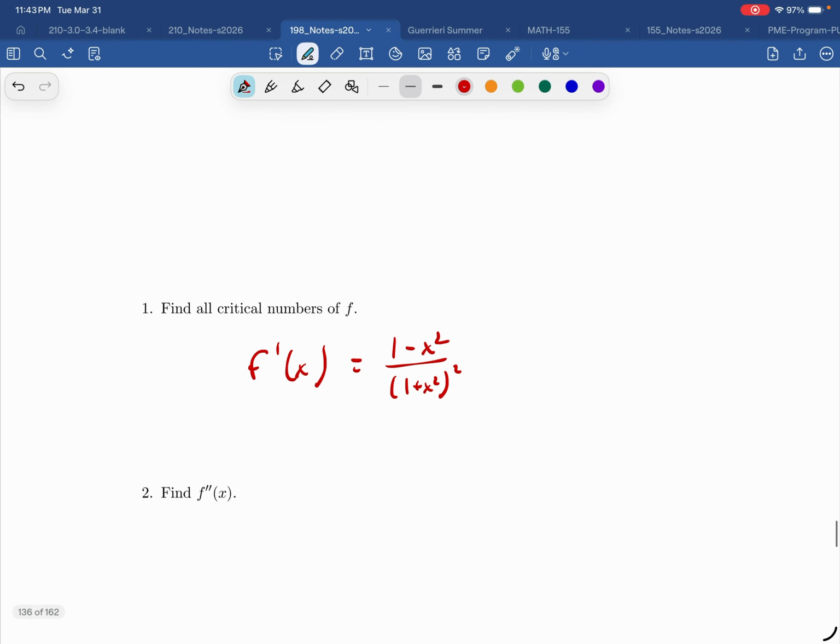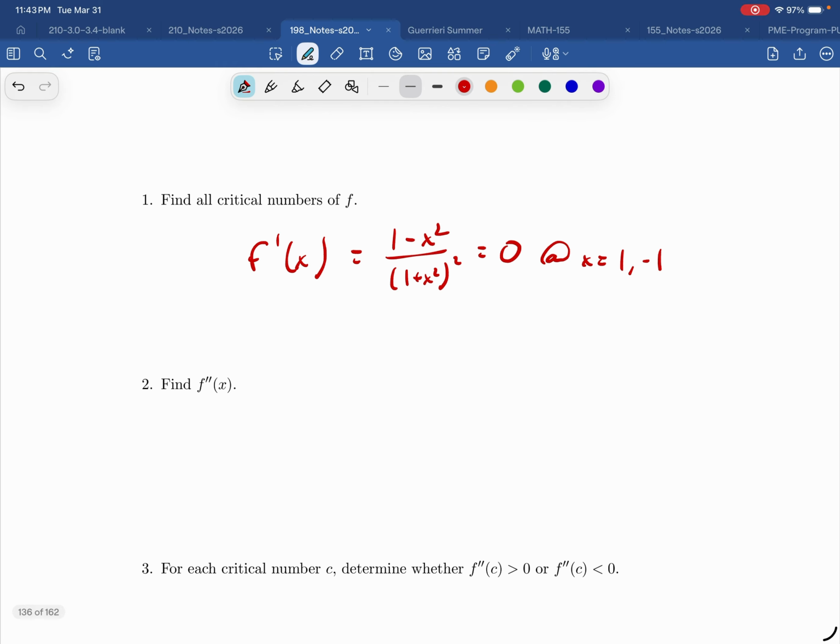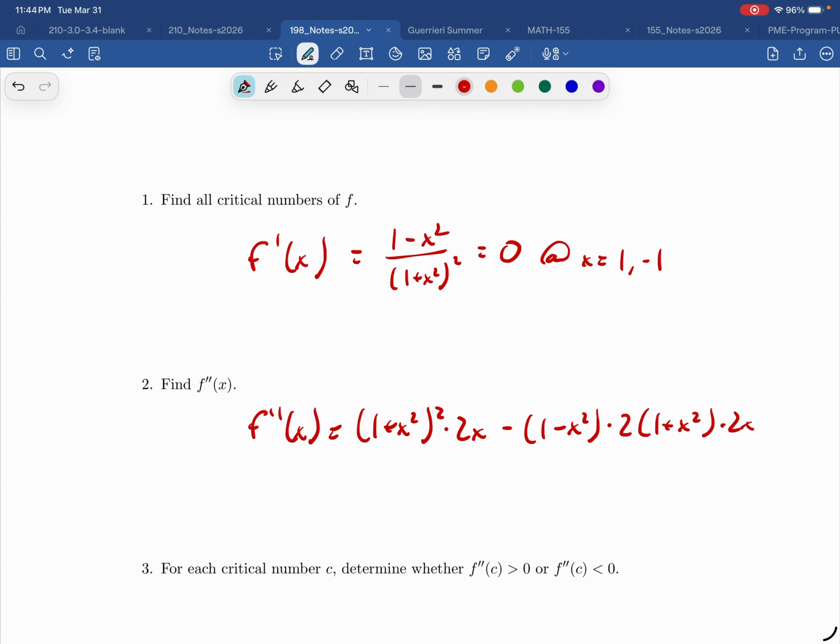Okay, so we have the same derivative equals 0 at x equals 1 and negative 1. All right, now here the second derivative is a little bit more annoying. f double prime of x is going to equal low d high minus high d low, all over low squared, which is really going to make this to the fourth.